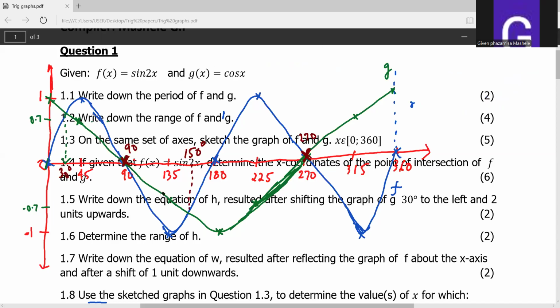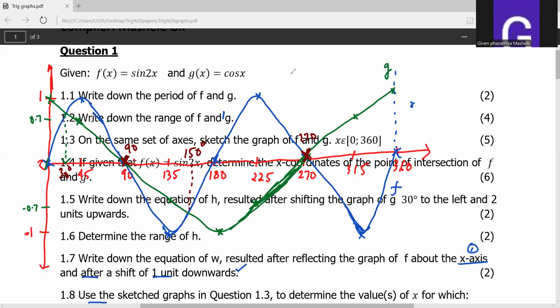The h is an equation which resulted after reflecting the graph of f about the x-axis, number one. And after a what? A shift of 1 unit downwards. So it means we perform a reflection about the x-axis first, then thereafter we shift the graph 1 unit downwards.